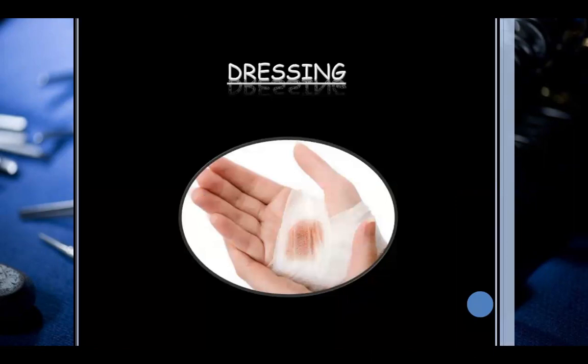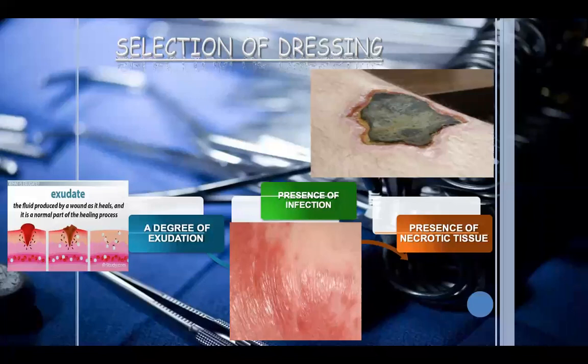The types of surgical dressings: first, you have the simple dressing. You have seen this type of simple dressing. Then the selection of dressing depends on the degree of exudation, the presence of infection, and the presence of necrotic tissue, as you can see in this picture. The skin may have exudate, there can be infection over the skin, and necrosis of tissue.